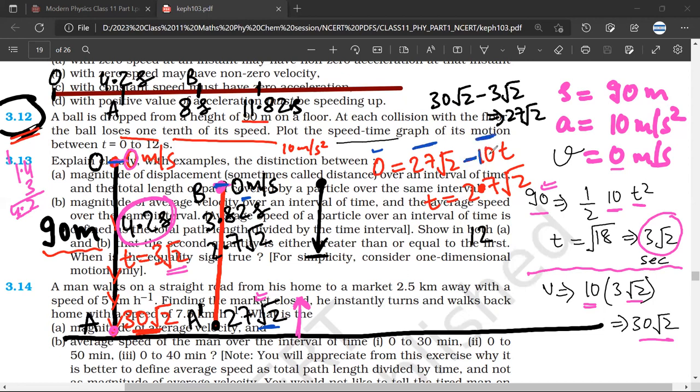Acceleration is negative. So the time it has taken to reach point B is 2.7 root 2. Again putting the value of root 2 as 1.4, this motion from A dash to B will take me 3.82 seconds. Are we clear about this?